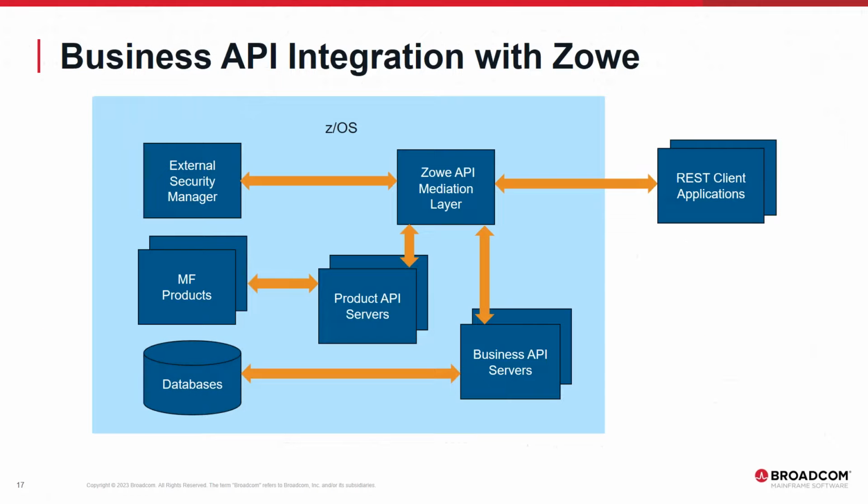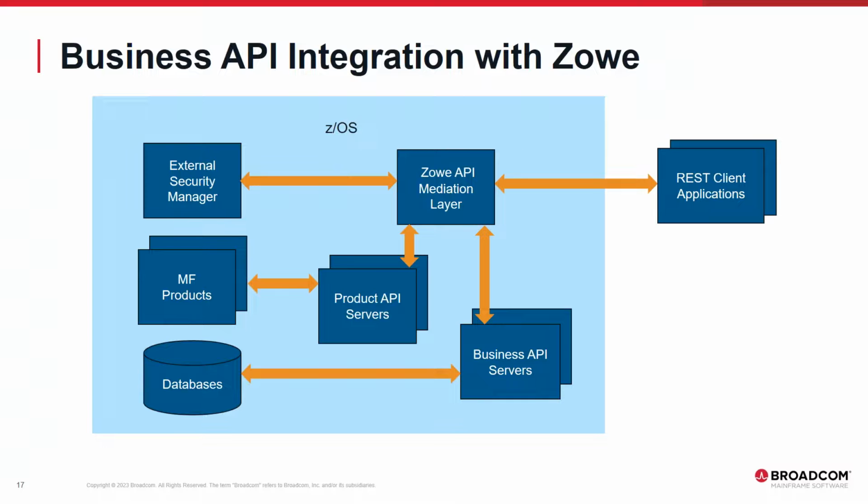And here's how we can be integrated with Zowe, with the APIs, both the tools that we're providing and the APIs that you could generate. So we've got the Zowe API Mediation Layer gateway. We have our product API servers, such as the IDMS systems API and the Datacom systems API.